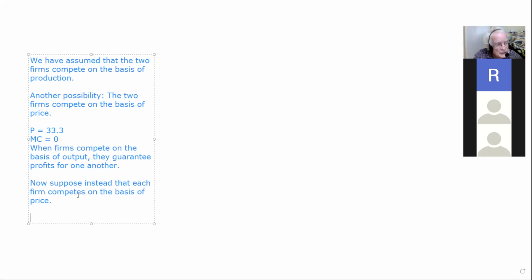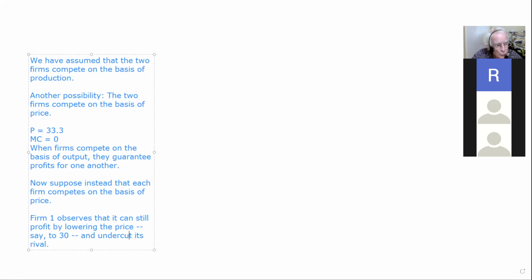So now, firm one observes that it can still profit by lowering the price a little bit, say to 30, and undercut its rival.